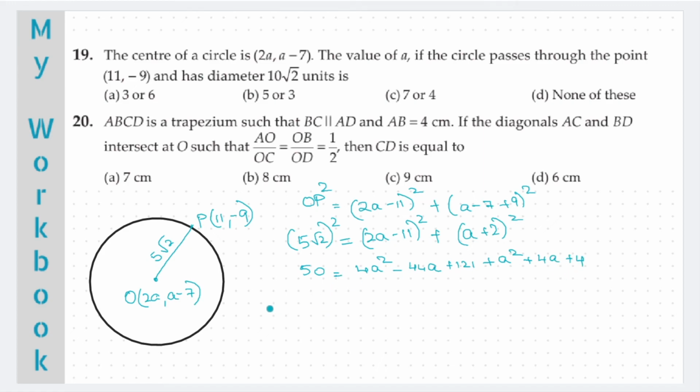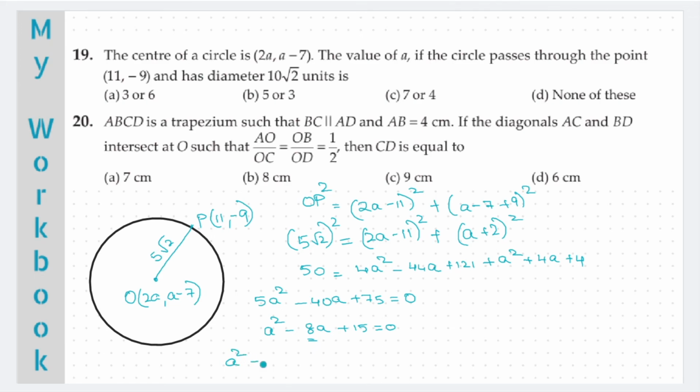Simplifying this, we will get an equation as 5a square minus 40a plus 75 is equal to 0. We can divide the entire equation by 5. We will get a square minus 8a plus 15 is equal to 0. We can solve this by splitting the middle term.